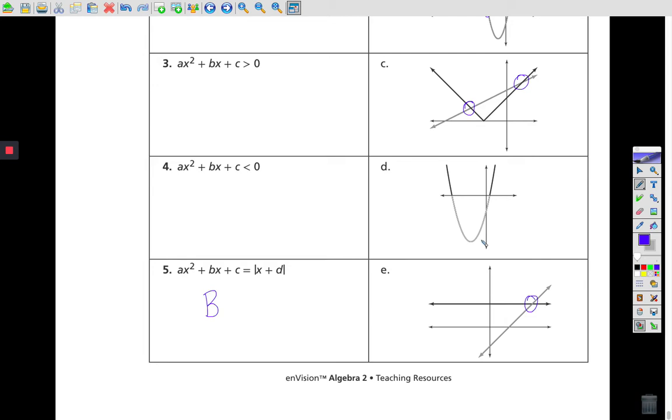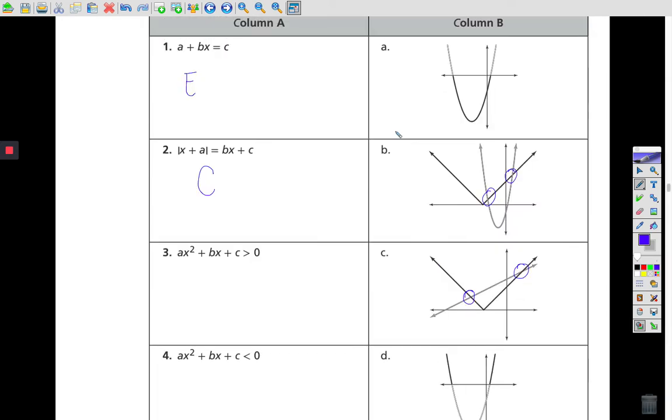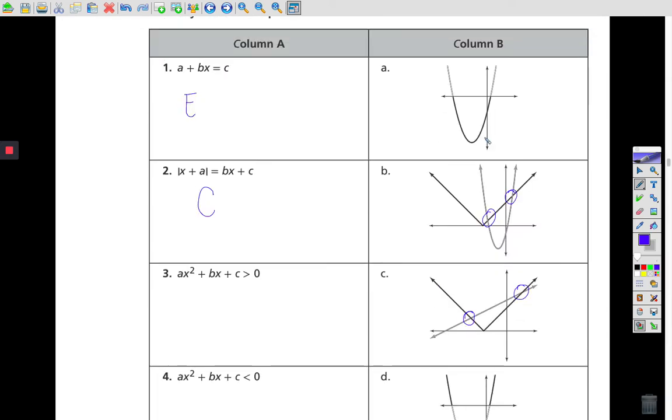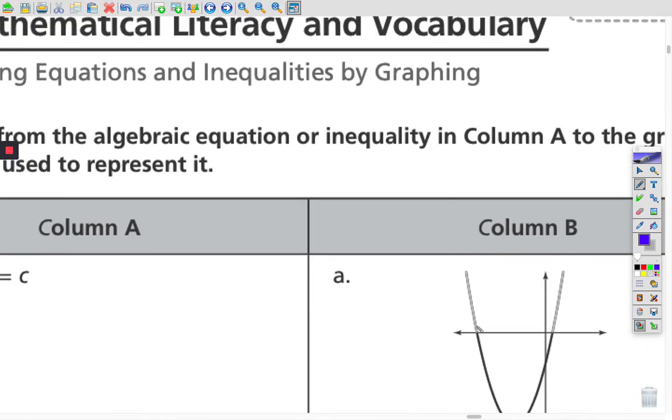All right, the way your paper is shaded versus mine is why I wanted to kind of come back to 3 and 4. This says ax squared plus bx plus c is greater than 0. So what that means is it wants the shaded regions. It wants to know which parabola has positive values that are above the x-axis. Well, I think from what I can gather best is they were trying to make these lines right here look like the shaded, okay?